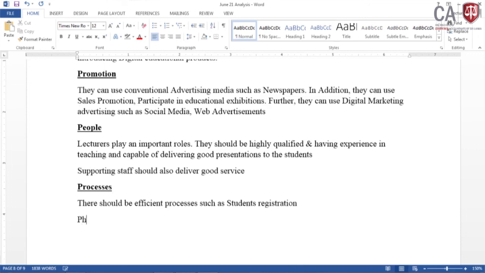Then physical evidence, there should be good infrastructure.